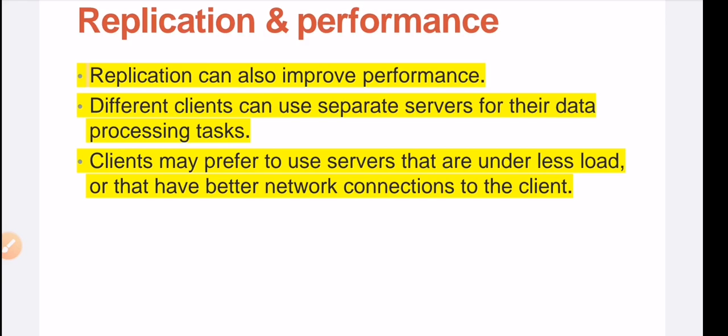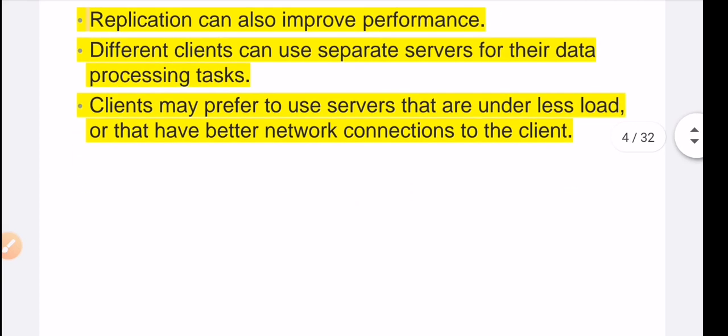No, in this case we have many servers, then we distribute our requests between different servers so things will be faster. Clients may prefer to use servers that are under less load or that have better network connection to the client. So this is also important and is responsible for increasing the performance.